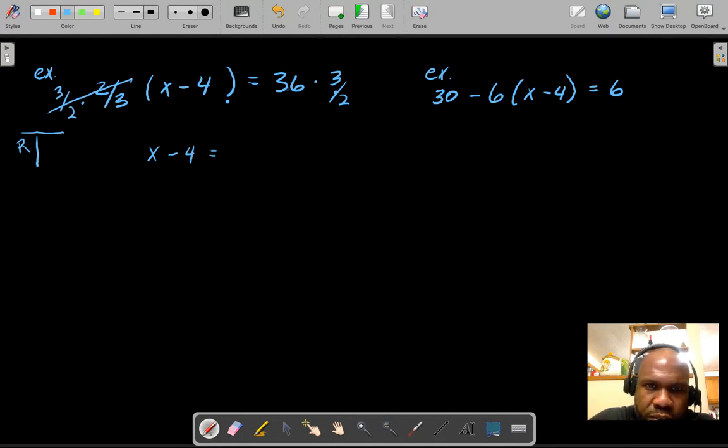So I have a 2 and I have a 36. What is 36 divided by 2? 18. So again, if I cross cancel, this becomes 18, and this becomes 1. So then it becomes 18 times 3, which becomes 54.